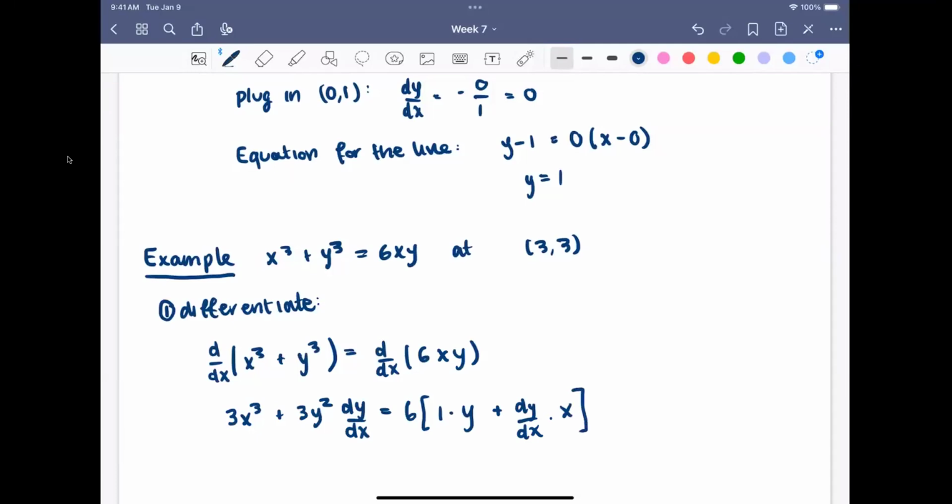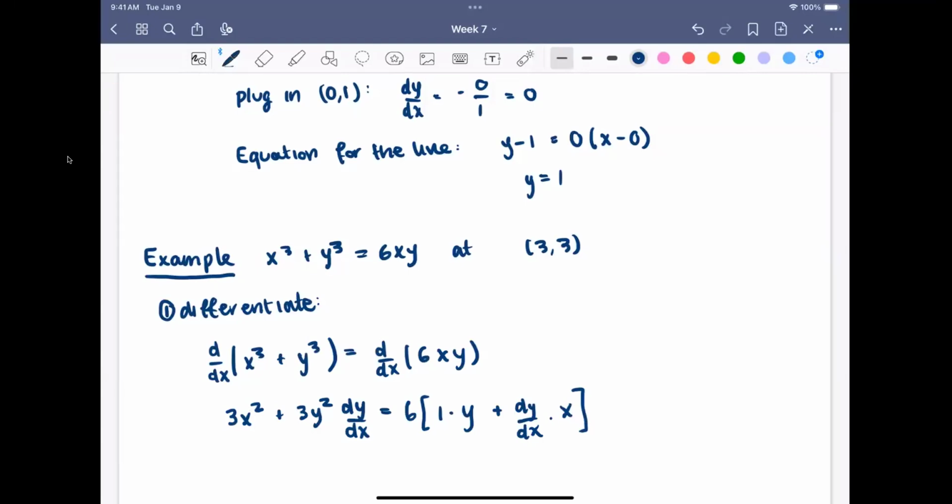Okay, is this good? Other questions about how to do this? Now we have to solve the equation for dy/dx. Earlier I said it was always possible to do this, and maybe now we can see why.